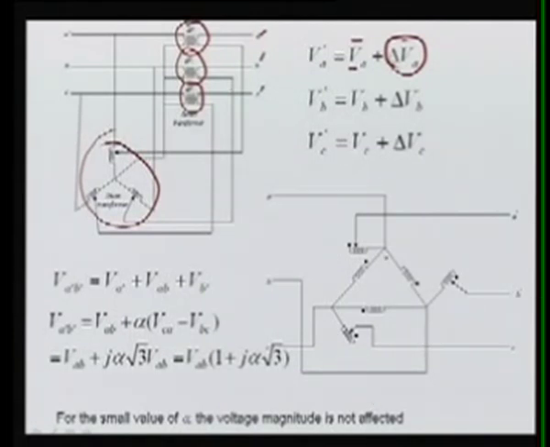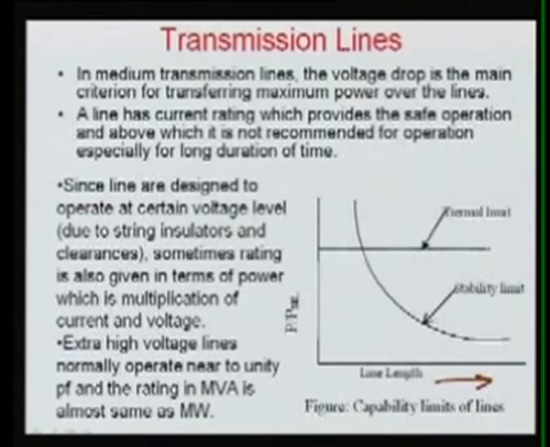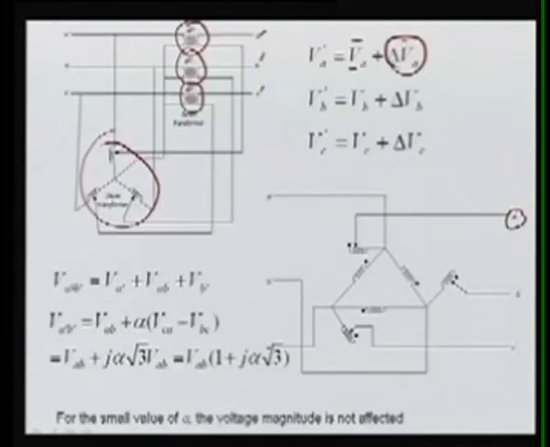You can say this is a transformer, this is A phase, B phase and C phase. We have here delta connected. Now, you can see in this delta connection, the voltage between A prime and B prime, that is VA'B', will be your VA plus VAB.